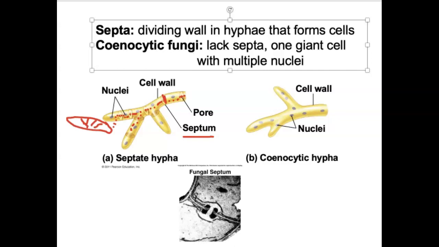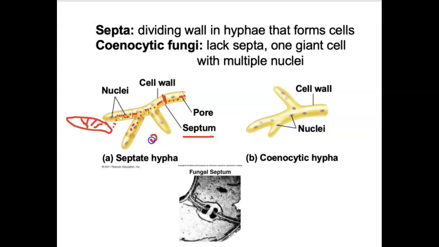So this is where it gets hard to talk about fungi genetically. You know, if you have all of your genetic material, you're what we call diploid or 2N. If you have half your genetic material, you're haploid or N. Actually, let me move this down here. 2N is diploid.